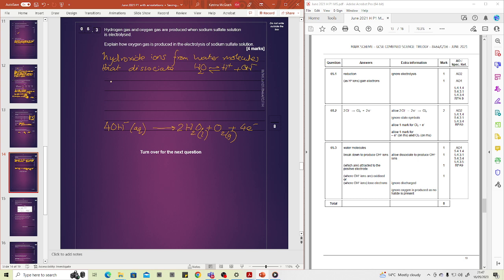So the hydroxide ions formed from the dissociation of water are attracted to the positive electrode and lose electrons.